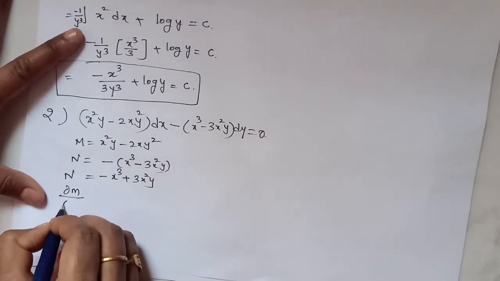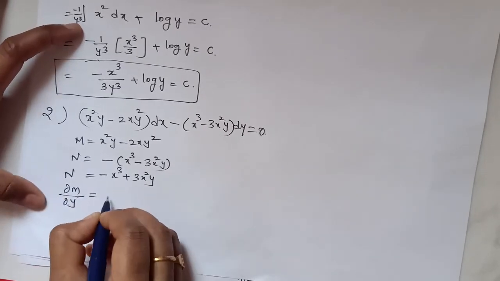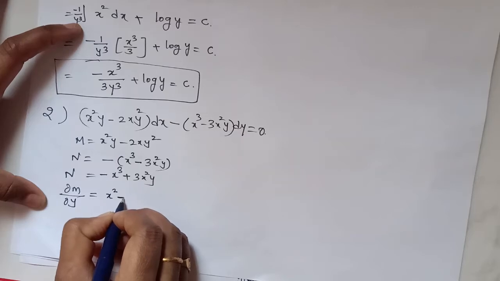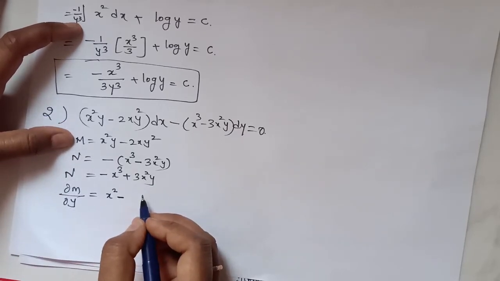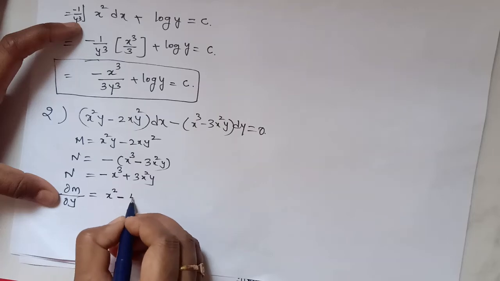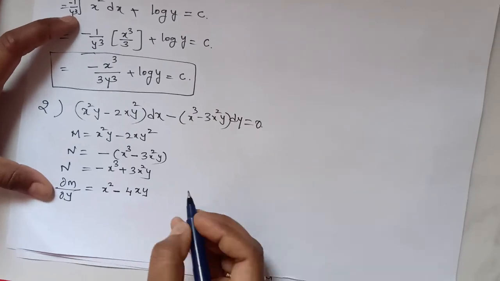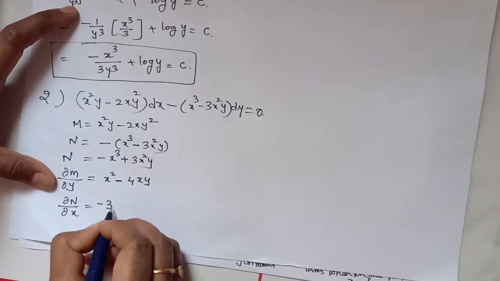So to know that, we must calculate dou m by dou y, which is x square minus 4xy, and dou n by dou x, which is minus 3x square.